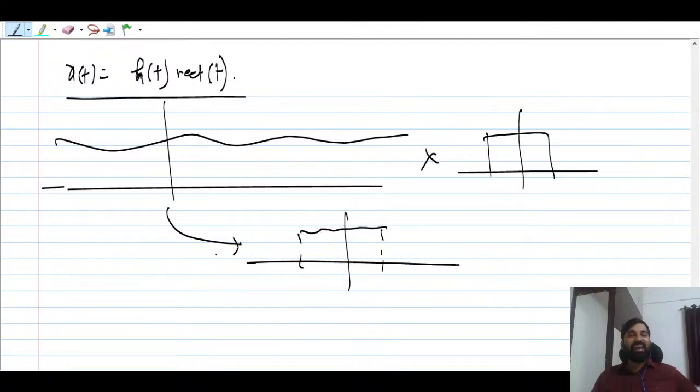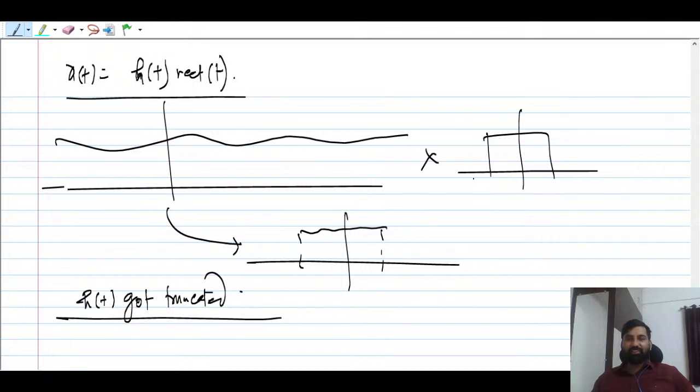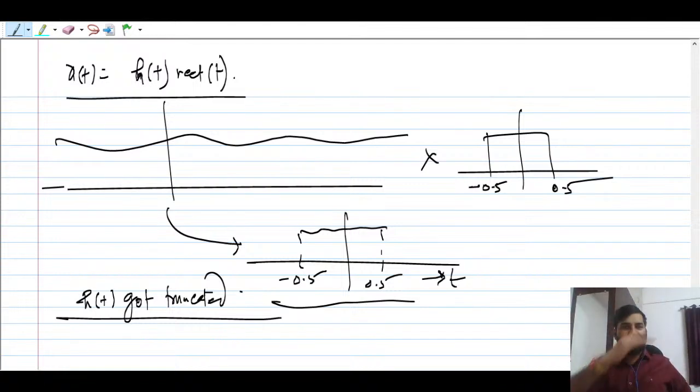Within this, everything is going to be 0. You can say that s(t) got truncated. Within this, it is nothing but minus 0.5 to 0.5. So your signal becomes limited to minus 0.5 to 0.5. It became time limited, okay? Your s(t) will have the same shape, don't worry, but it will be abruptly truncated.